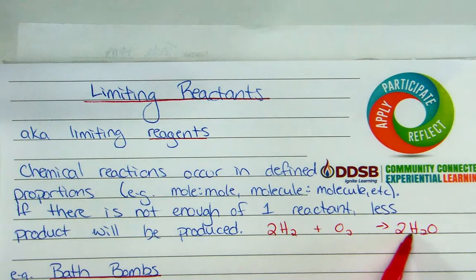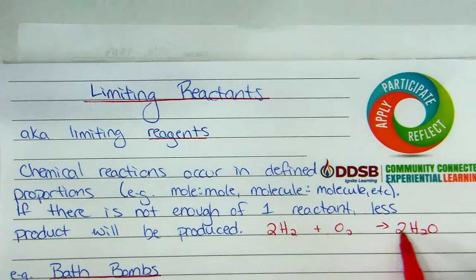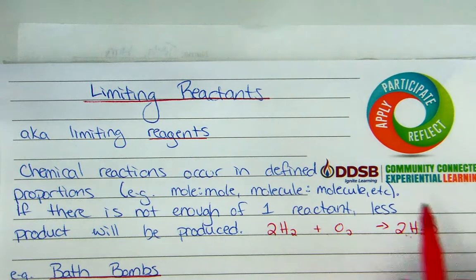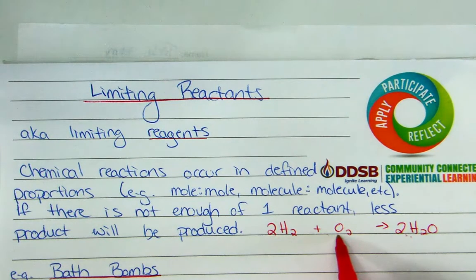However, if one of the reactants is in a limiting amount, so doesn't match the actual amount required based on the other reactant, we're going to see less product formed. Now, it's not possible to have half of a molecule of oxygen.